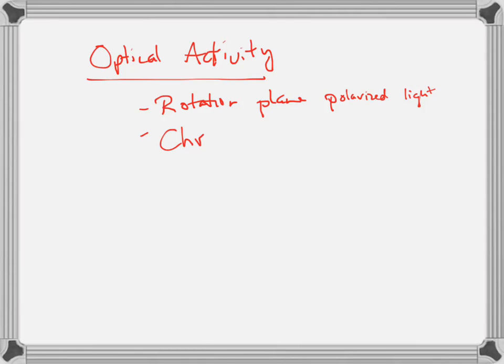And I would take it almost a step back from that. It's not that there's a chiral center, it's that the molecule is chiral. The reason why I say not chiral center is I could have 2 chiral centers and be achiral. And if it's achiral, it's not optically active. So it must be a chiral molecule. If it has 1 chiral center, it is a chiral molecule.